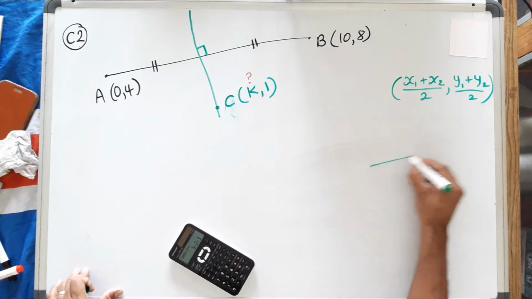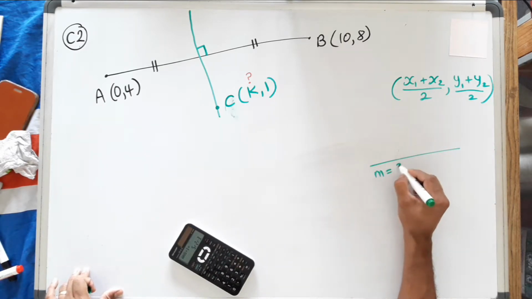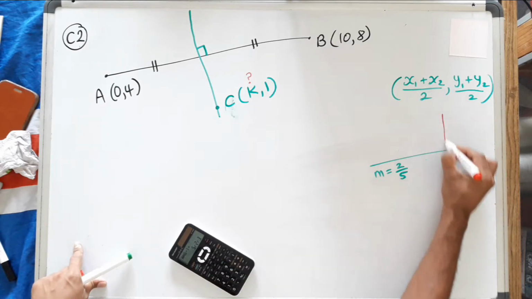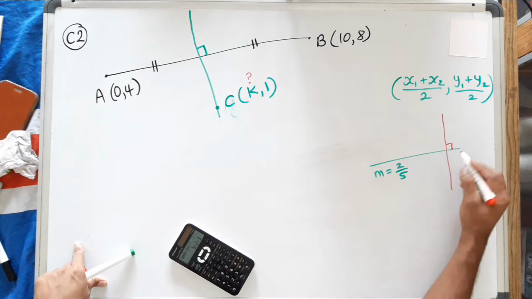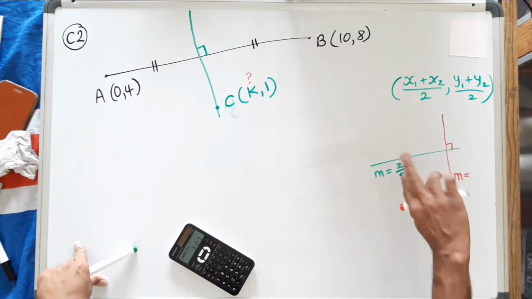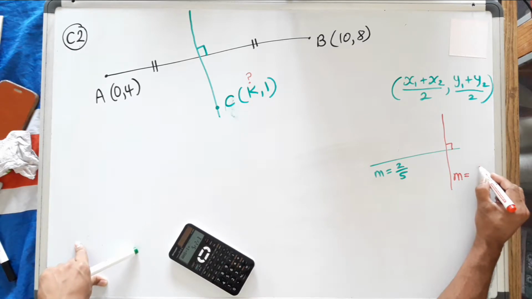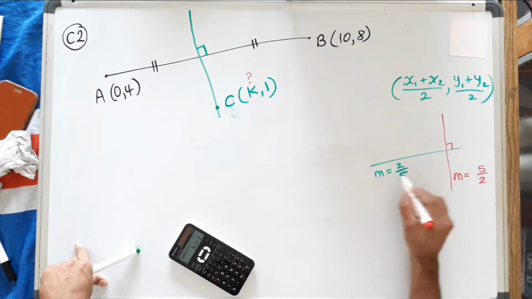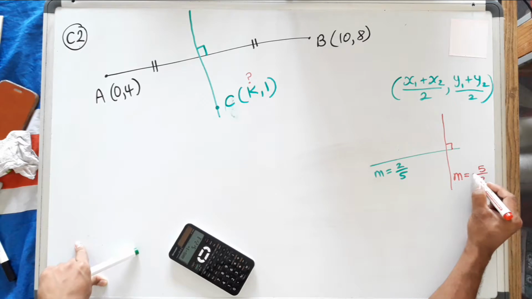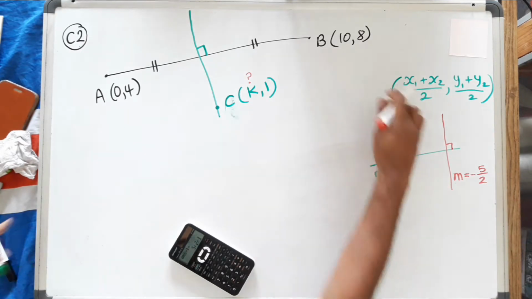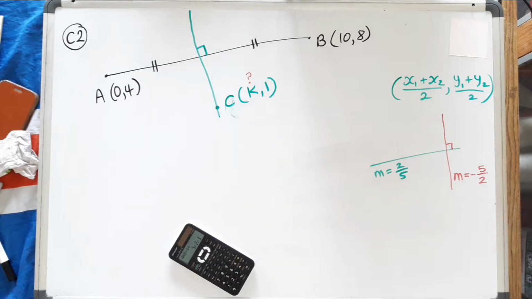Also, if I have a line and the gradient is 2/5, the gradient of any perpendicular line, meaning 90 degrees, you have to flip the gradient of the first line and then change the sign. So if it's positive, this will be negative. We're going to use these two things to help us find the value of k.